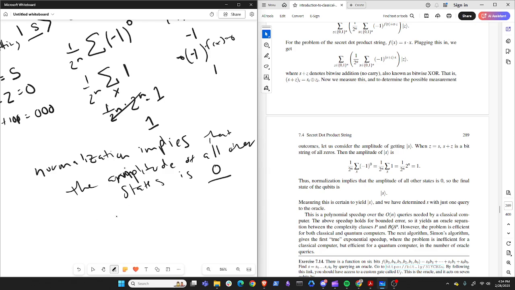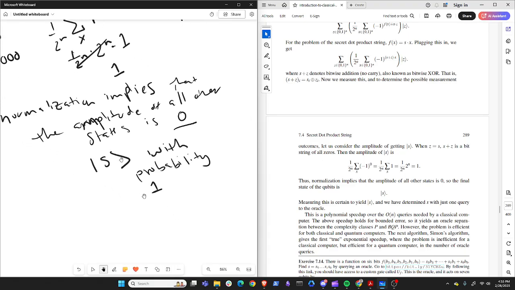So when we measure this oracle, we get s with probability 1. All other states in the superposition being 0.